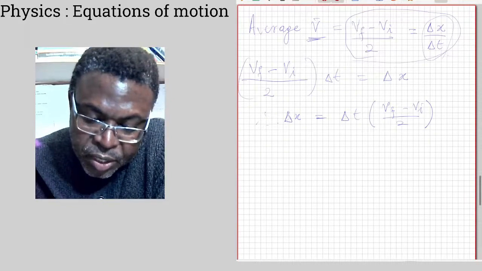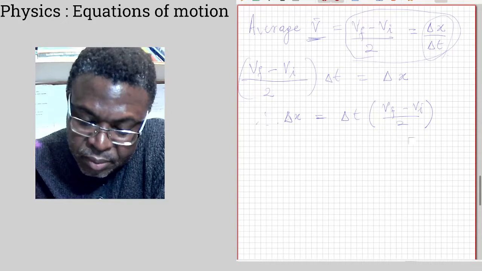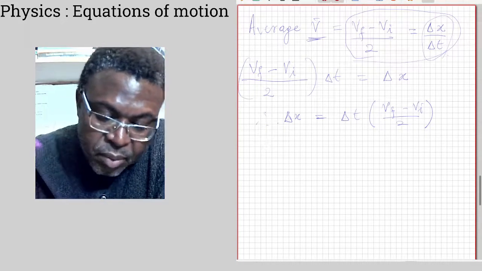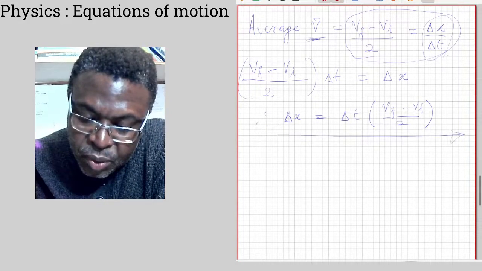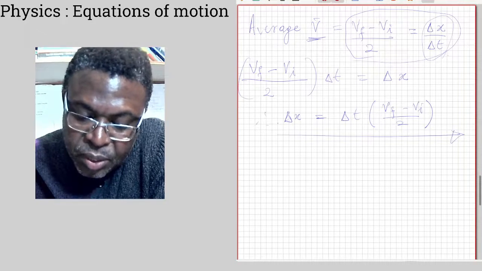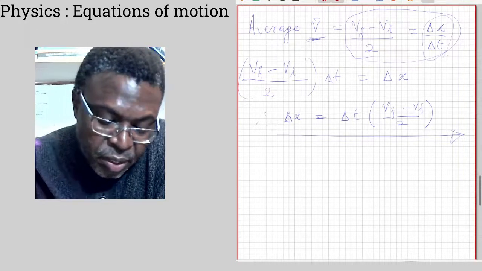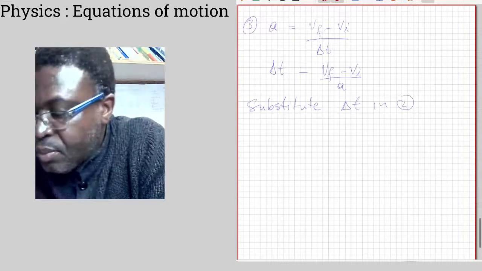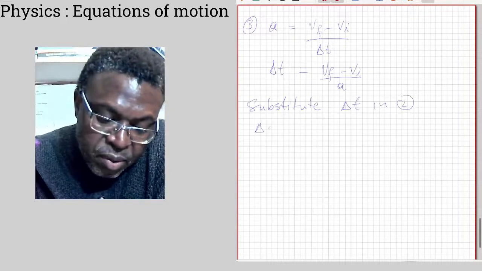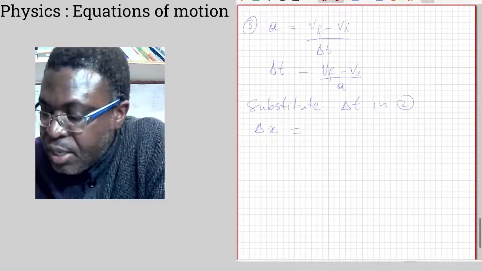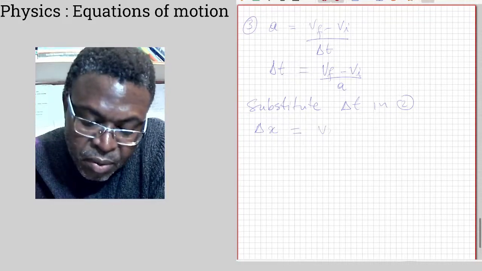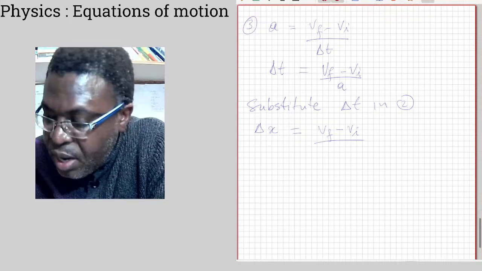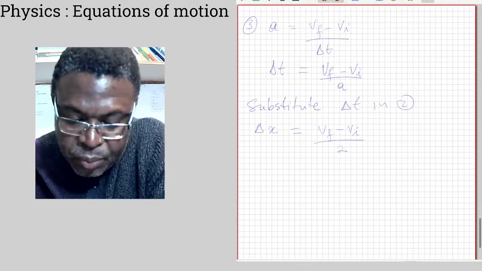This is equation number 2, this one. We're supposed to substitute change in t in this equation. So what's going to happen? We are going to have change in x equal to Vf minus Vi over 2.